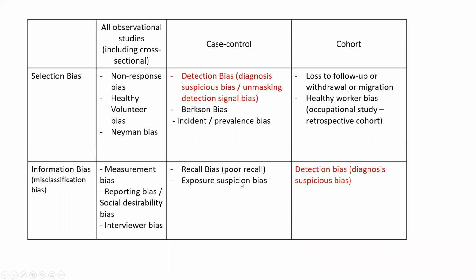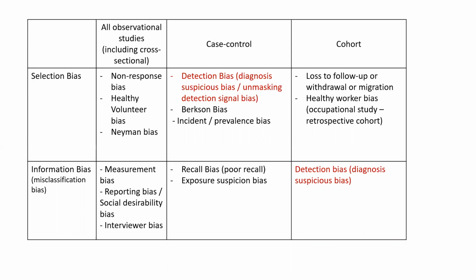And exposure suspicion bias is a form of recall bias. For example, as I told you, if a woman has a baby with congenital malformation, she has a tendency to remember more of the tiny details from when she was pregnant. And she might also tend to think that maybe I've taken this, maybe I've been subject to this pollution that could have led to my baby now having a malformation.